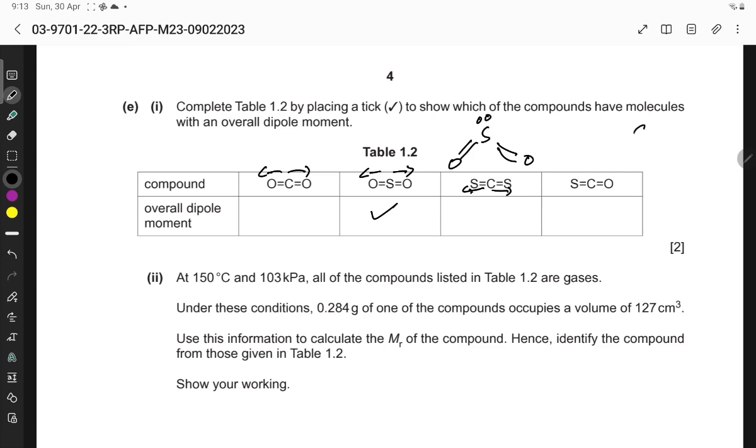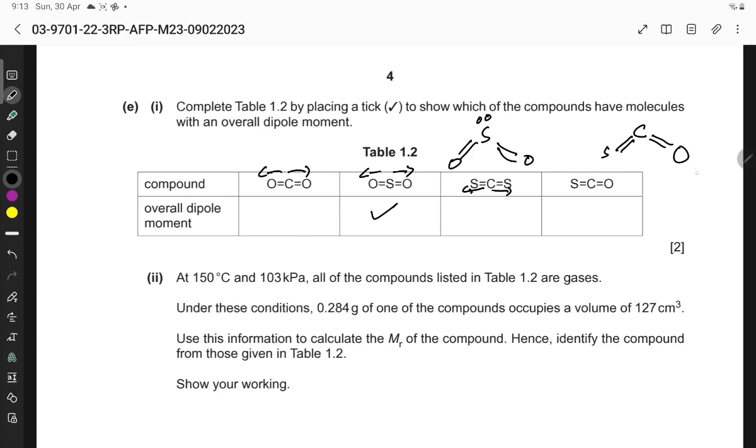Sulfur, carbon, sulfur, oxygen. So there is a difference between the electronegativity values.